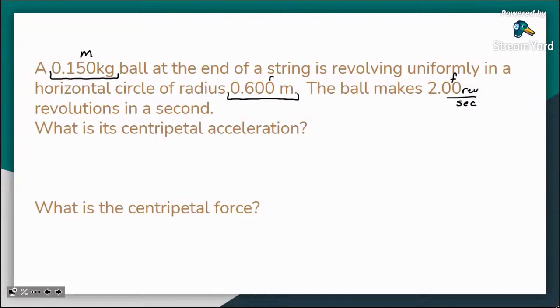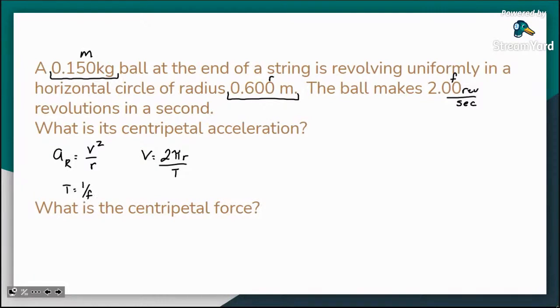Well, if you recall, centripetal acceleration, or a sub r, equals v squared per r, but I don't have the velocity just given to us. But we do know that velocity equals 2 pi r per t. Well, I've got the radius, but I don't have the period. But I know that the period equals 1 over frequency.